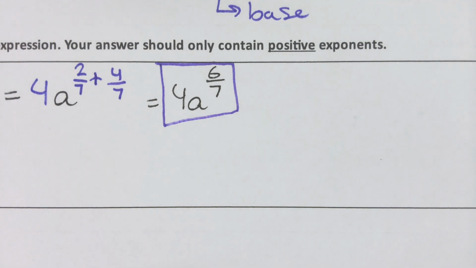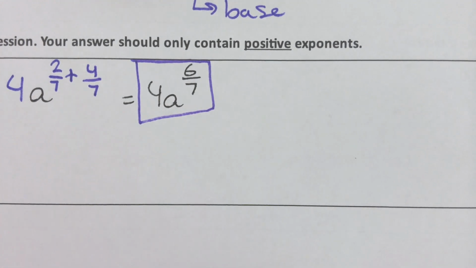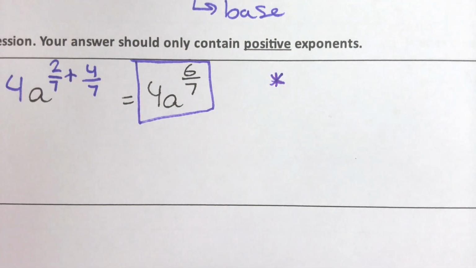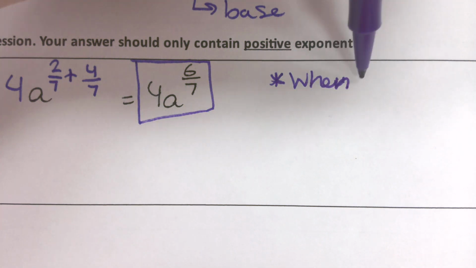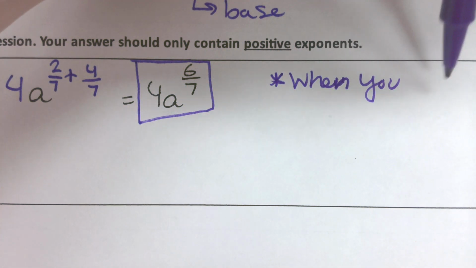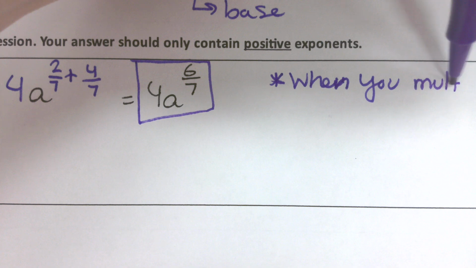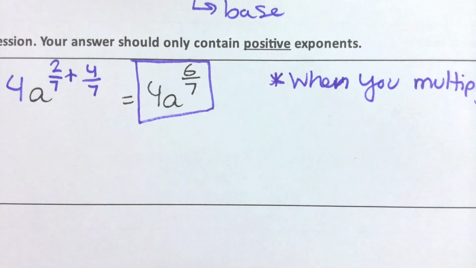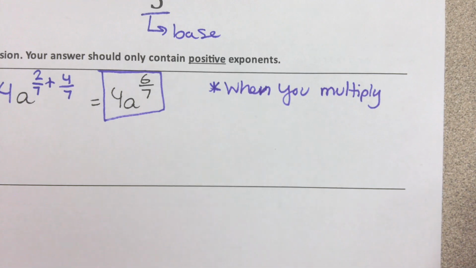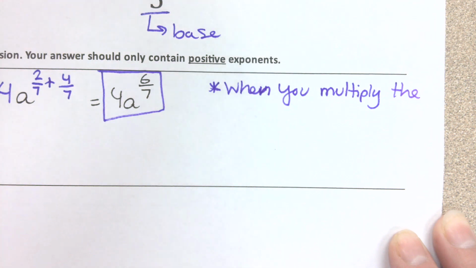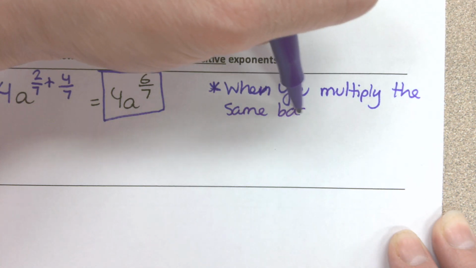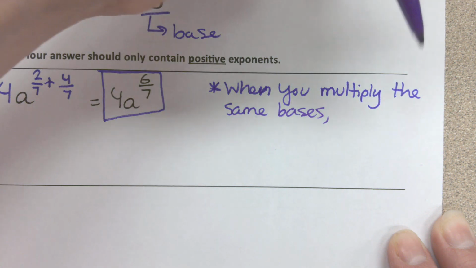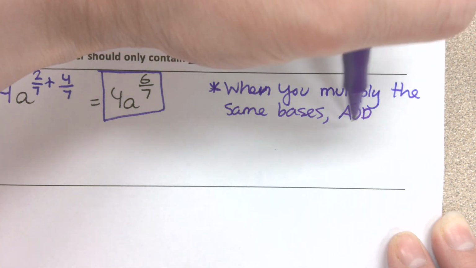Now remember, these are notes, so I am going to write down why I was able to do what I just did. When you multiply the same bases, add the exponents.